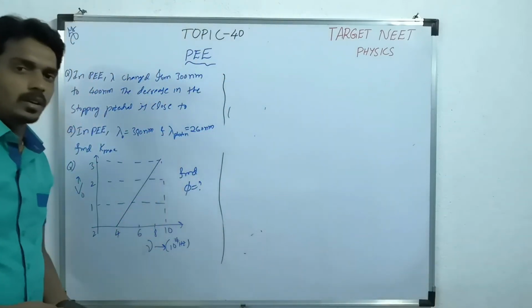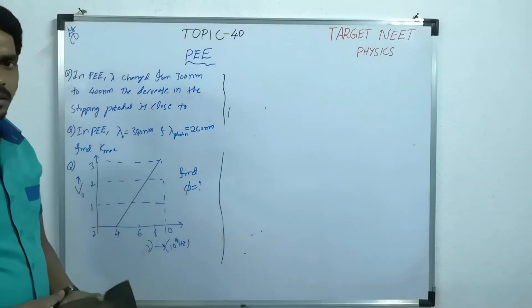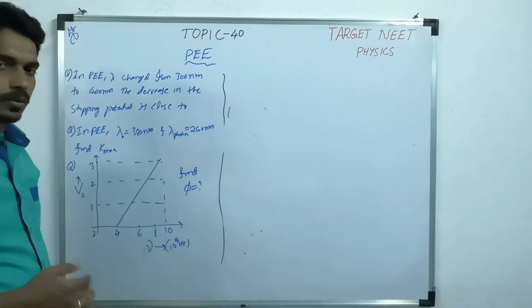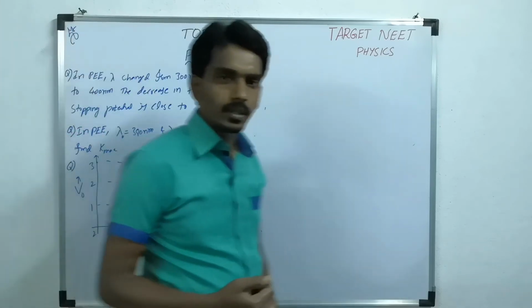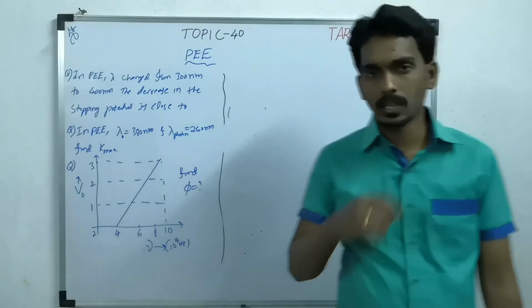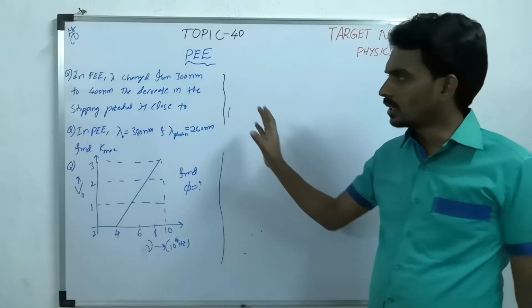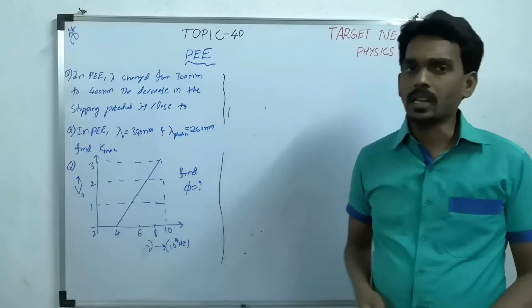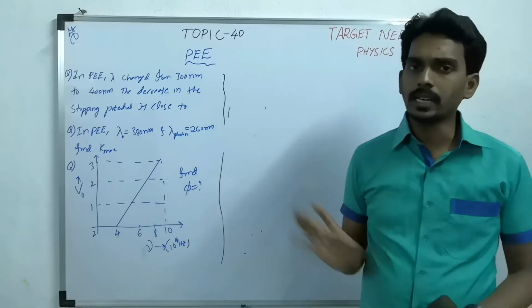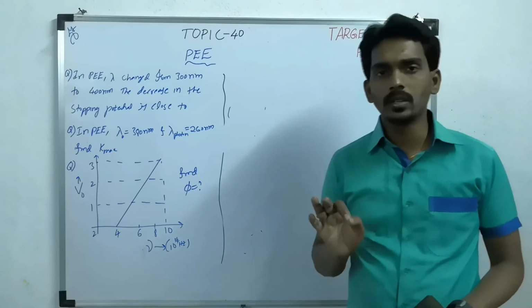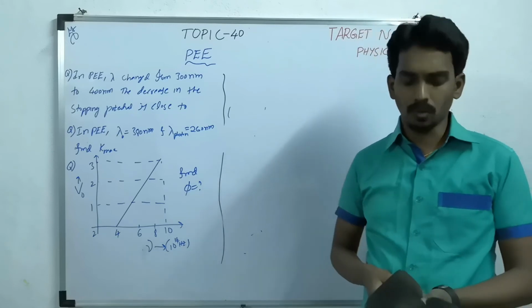So please try to apply that kind of mathematics. Of course I am telling you all the time that mathematics plays a key role. And apart from that, the remaining questions are just formula based and calculation based. Only thing you need to take care of is calculating properly.